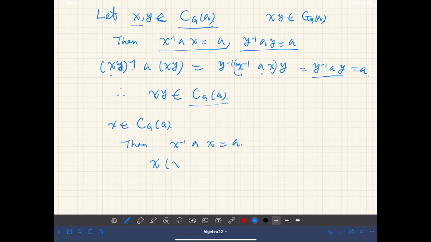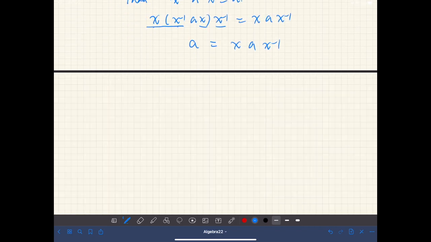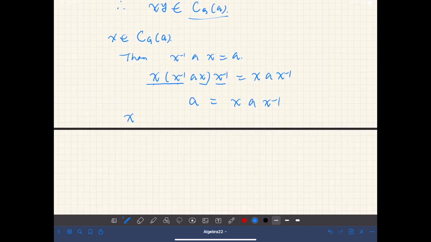So x x inverse A x x inverse. Now on the left hand side, x times x inverse will cancel, and x times x inverse will cancel. So the left hand side becomes A. And of course, x is the inverse of x inverse, right?